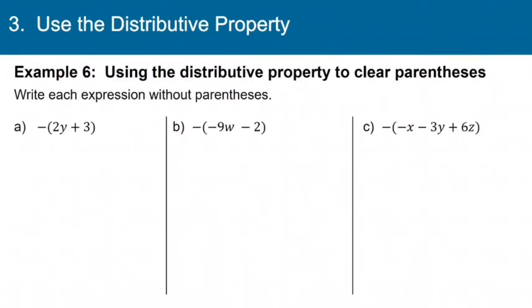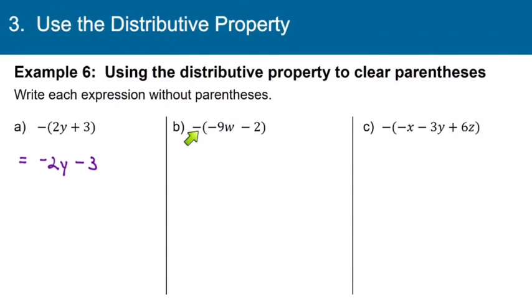And now here are a few for us to practice on. It says rewrite each expression without parentheses. You can think of this as distributing a -1, or you can just say to yourself, I'm just going to change all the signs. So negative parentheses 2y plus 3 becomes -2y minus 3. Easy peasy.